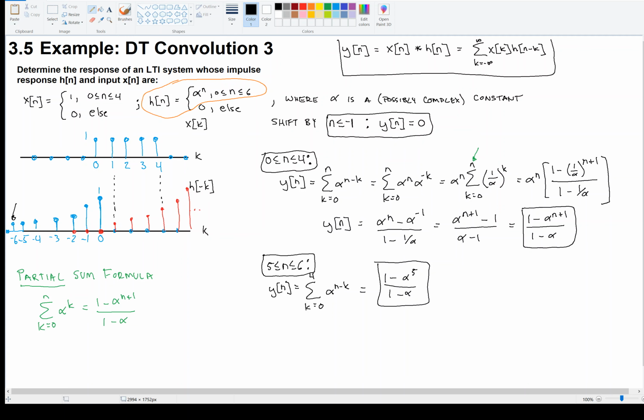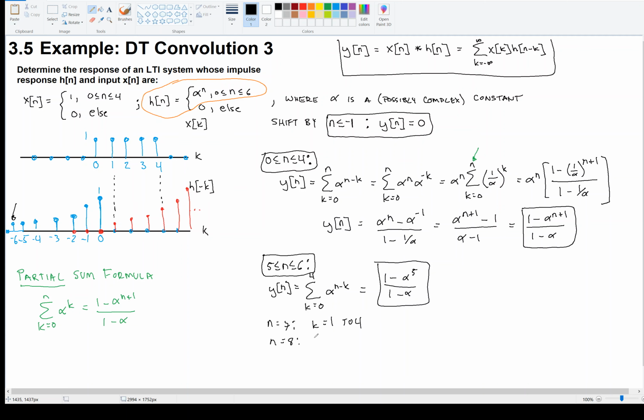So let's say now I shift by n equals 7. We said that k goes from 1 to 4. And if I shift by n equals 8, that would bring this minus 6 up to 2.